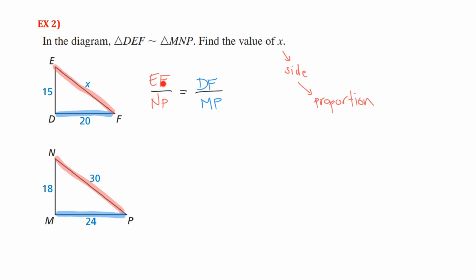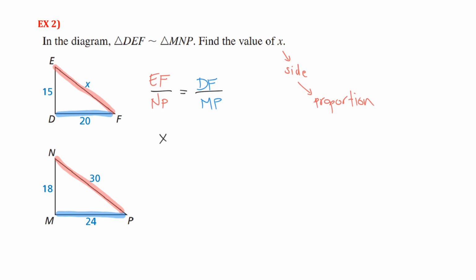Notice how in the numerator, EF and DF come from the same triangle, and NP and MP also come from the same triangle. So make sure that whatever you write in the denominator is the same polygon, and whatever you write in the numerator is also from the same polygon. Now we just go ahead and substitute in.